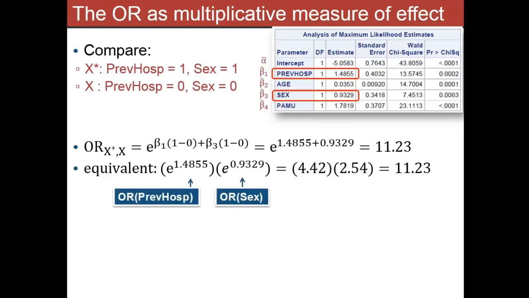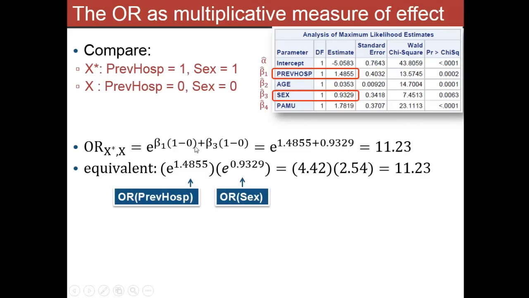Okay, so this is where we're diverging from e to the beta. And by the way, this is kind of a multiplicative thing, right? So if this is the formula, e to the beta 1 times 1 effectively plus beta 3 times 1, it's also true that this expression equals e to the beta 1 times e to the beta 3, which is what I'm saying here.